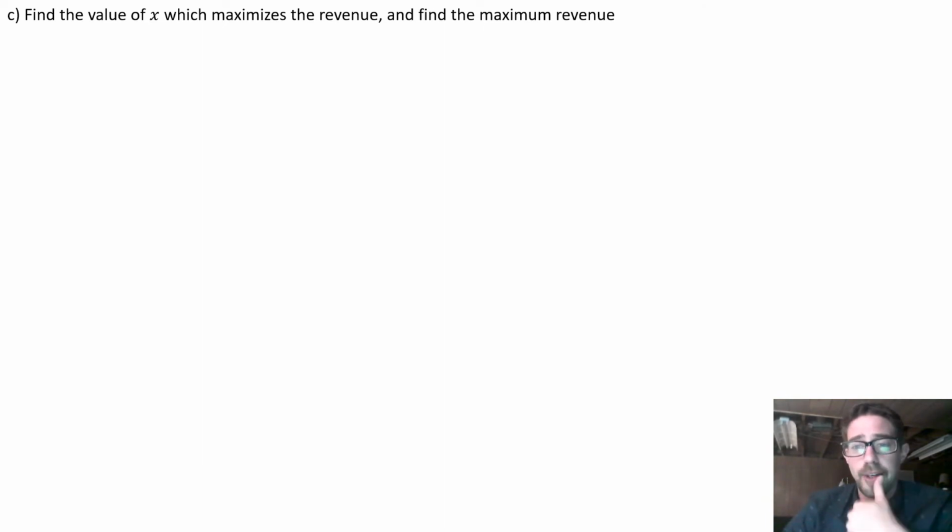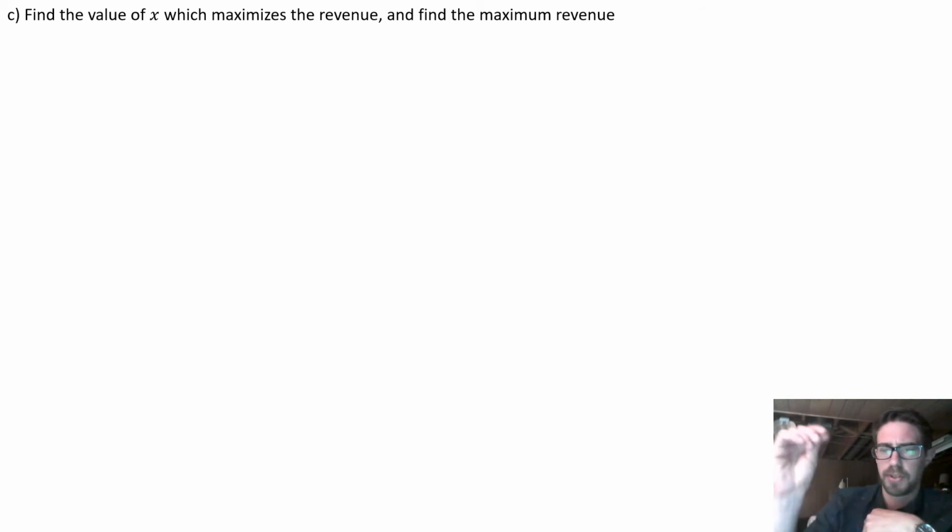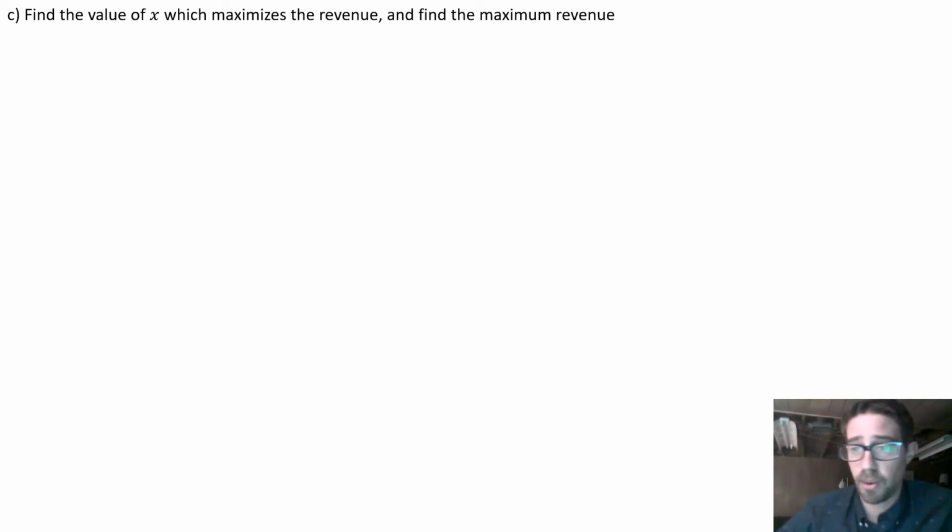So revenue is good, so we might want to maximize it. And I showed you the graph of that with the last problem, where if you just look at the revenue function, these are all upside down parabolas. So the max is going to be right at what we call the vertex of the parabola. And there are a couple different ways to find the vertex of a parabola, but we know that a way to find the max of any function is to take the derivative and set it equal to 0.